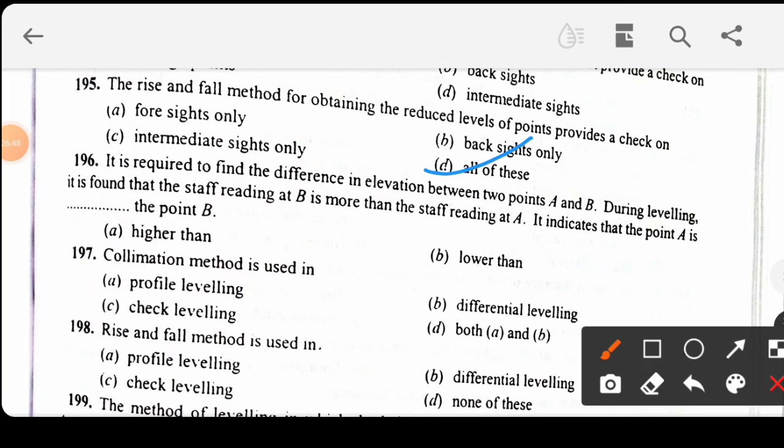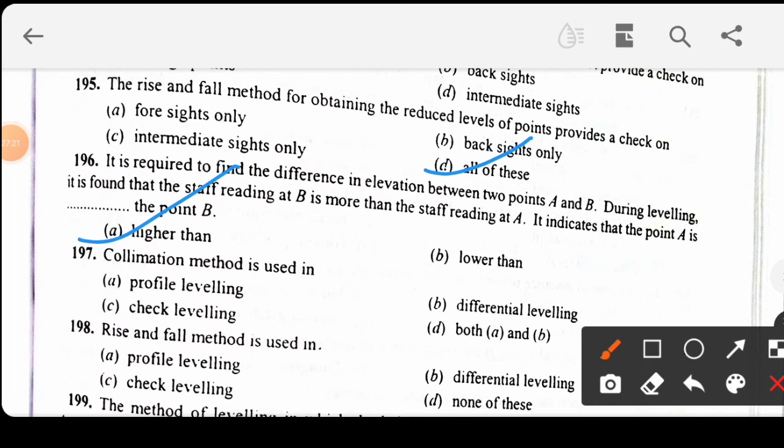It is required to find the difference in elevation between 2 points A and B during leveling. It is found that the staff reading at B is more than the staff reading at A. It indicates that the point A is higher than the point B.